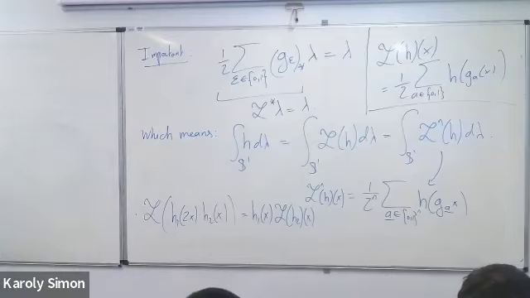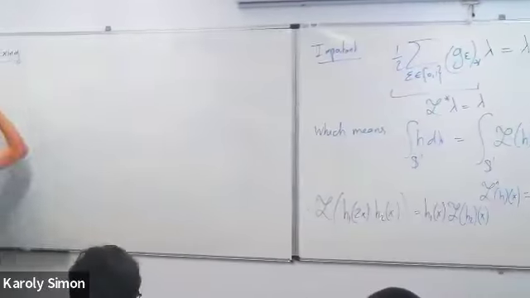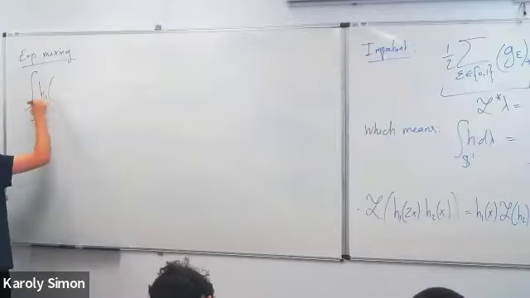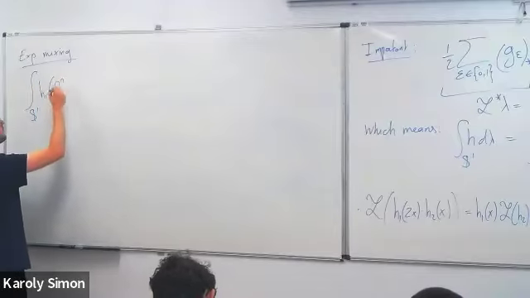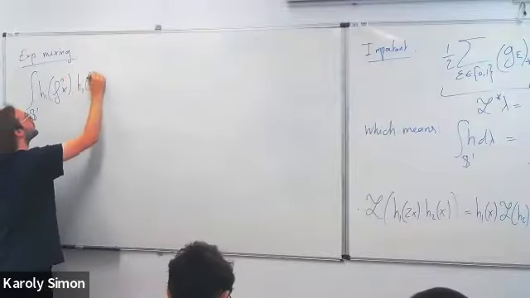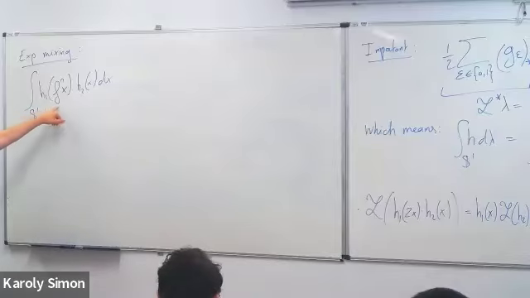Okay, so exponential mixing. We take two functions, say alpha and beta, and we want to study this quantity. Actually, the real definition of the transfer operator is that it is the adjoint of the precomposition by the dynamics.